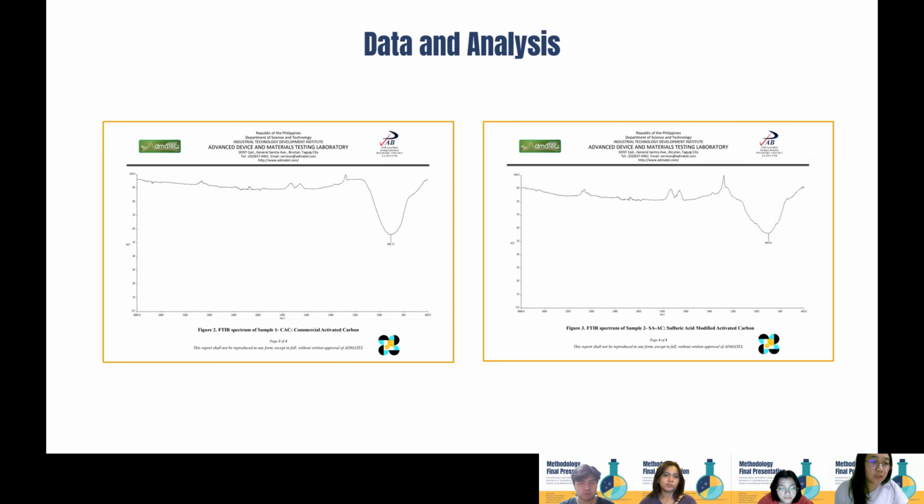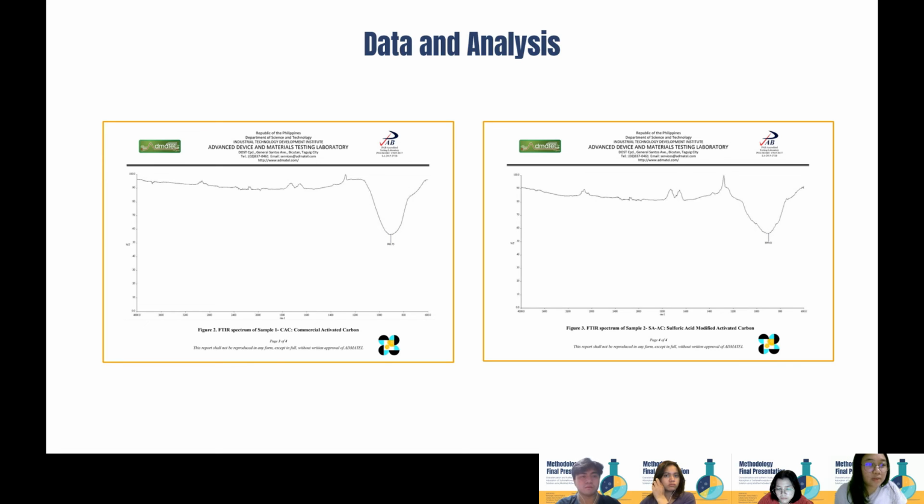The y-axis, on the other hand, is the percent transmittance. As we can see, there is little to no difference between the graphs of the two samples. Both samples have peaks at roughly 900 per centimeter in their fingerprint region, and according to Admatel, the characteristic absorption of 900 per centimeter falls under silicon-containing compounds.